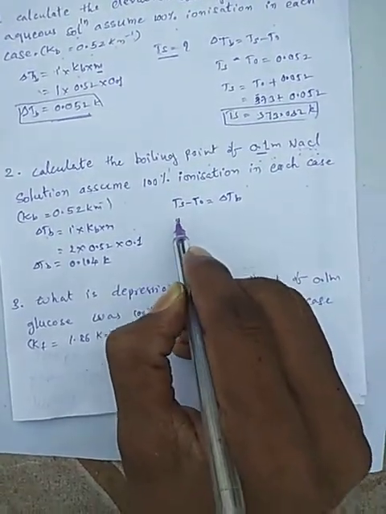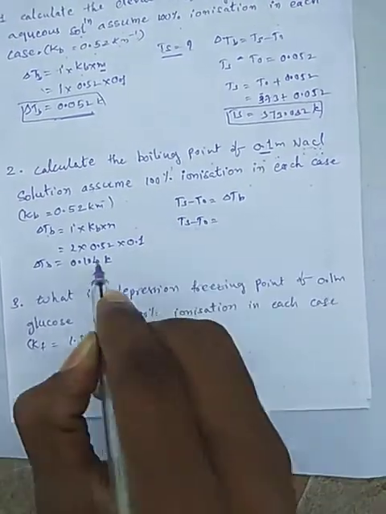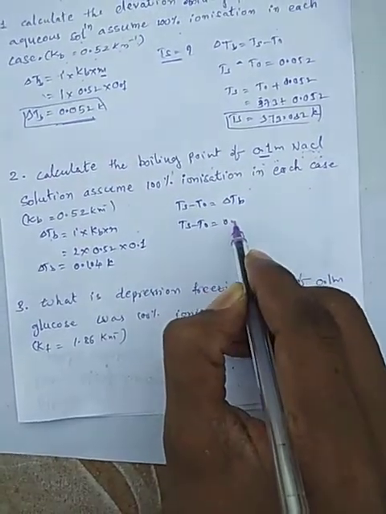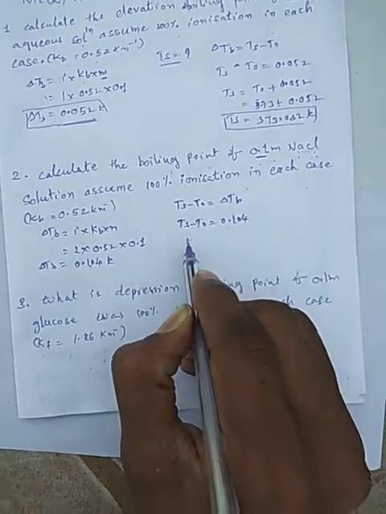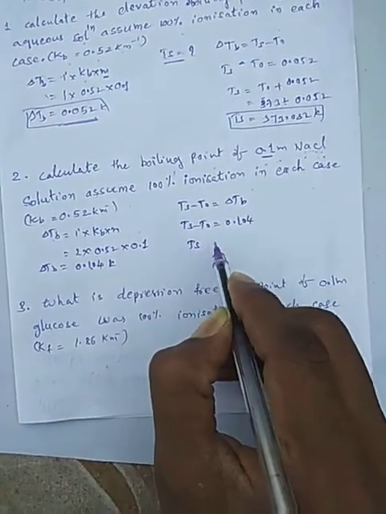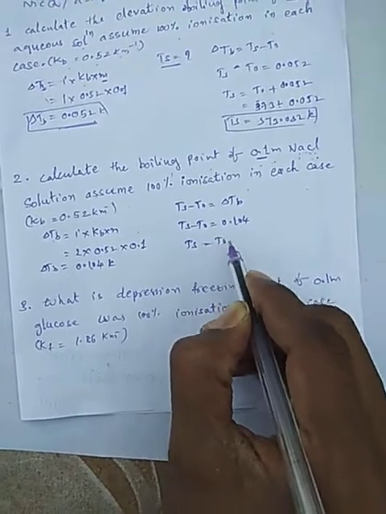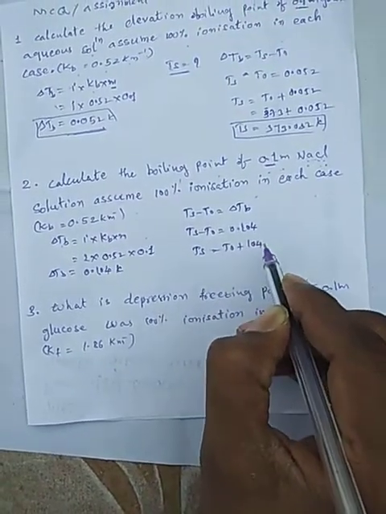Now Ts minus T0 is equal to the delta Tb value 0.104 Kelvins. Now Ts is equal to T naught plus 0.104.